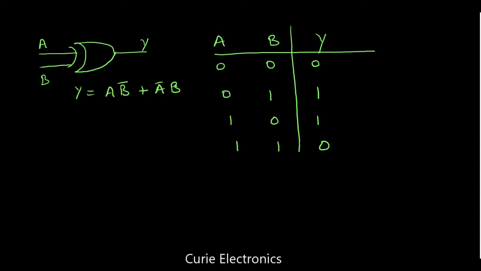Now let's realize buffer and inverter with the XOR gate. What is a buffer? Buffer means to increase the current, but logic should remain same.